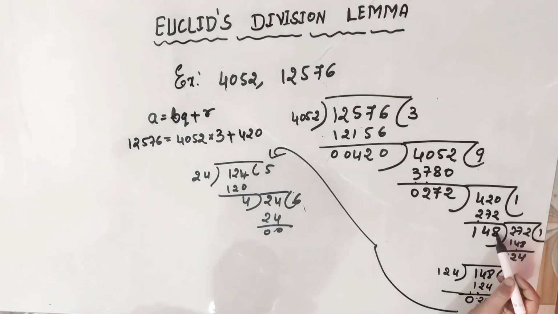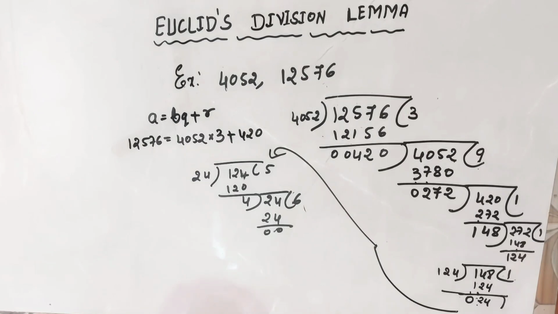So now 148 is the remainder, it will become the divisor for the dividend 272. 148 ones are 148, what will be the remainder here? 124. Okay, now this 124 will become the divisor and 148 is the dividend. Now 124 ones are 124. What will be the remainder? 24 will be the remainder.